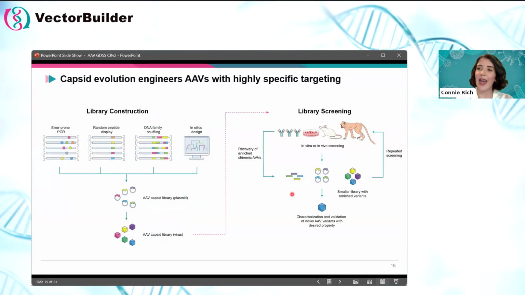So this leads us to capsid evolution, which allows us to essentially take a naturally occurring capsid and engineer it to have specificity for the particular cell type we're targeting.